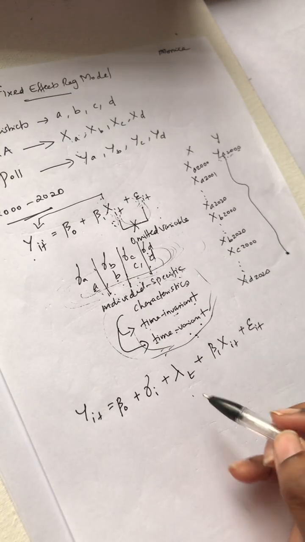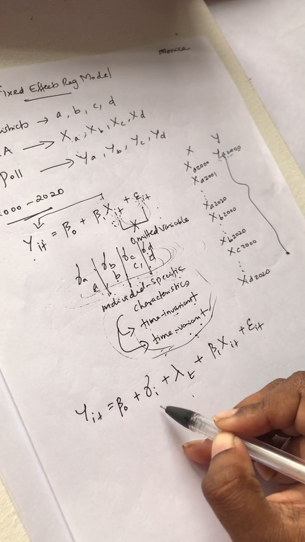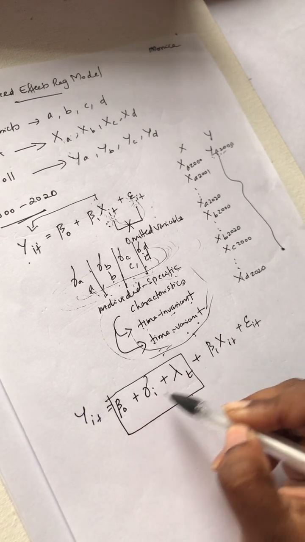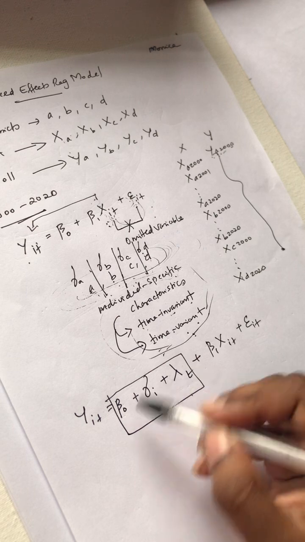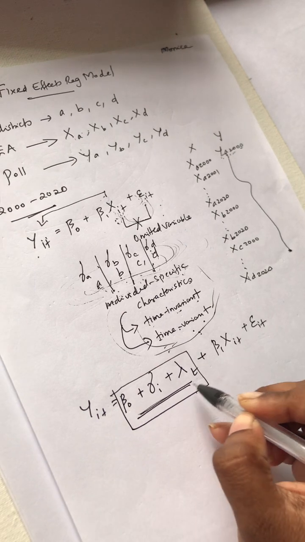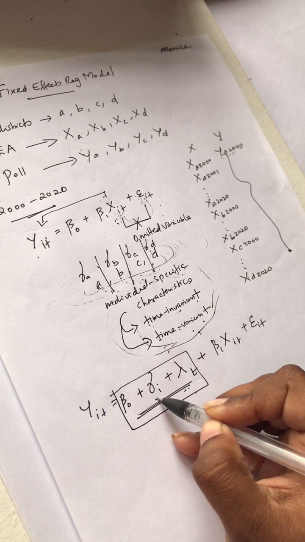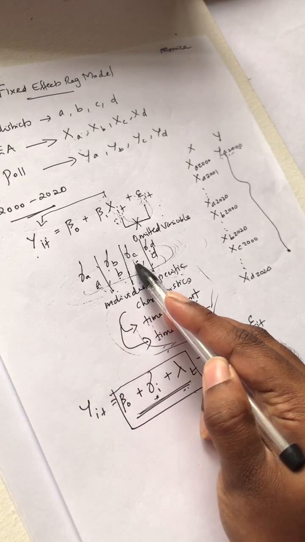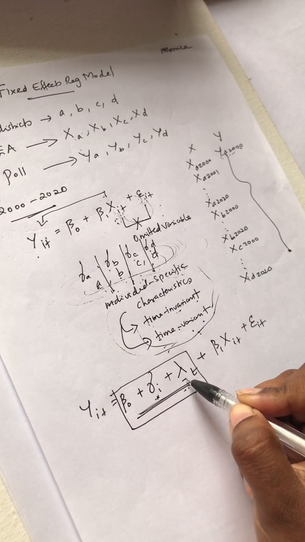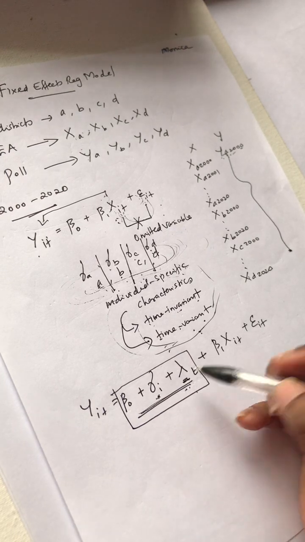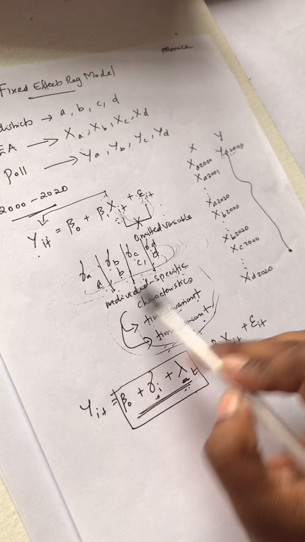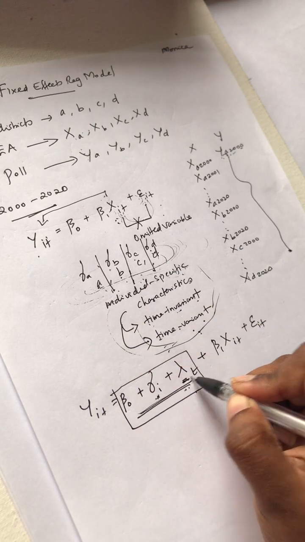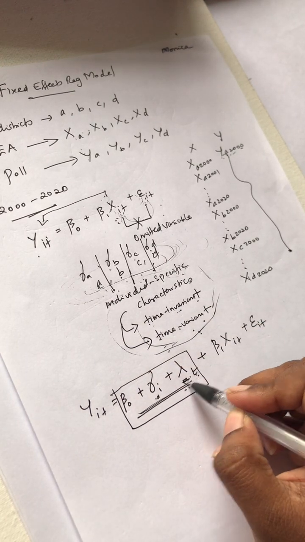What happens in this model is that we have controlled for these individual specific time invariant effects for each of these districts, and also those factors that are the same for the entire set of districts but vary with time, like a national policy.